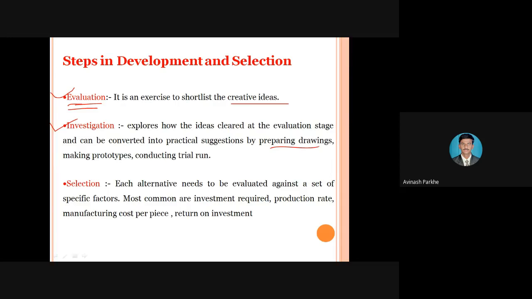All such activities we have to implement on the selected ideas. So the detailed investigation will be carried out based on these 2 ideas.